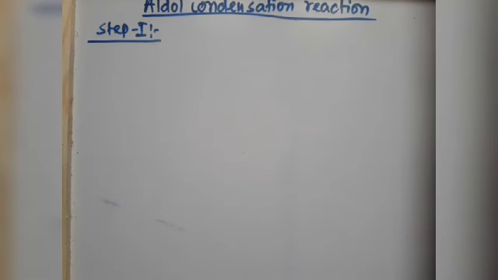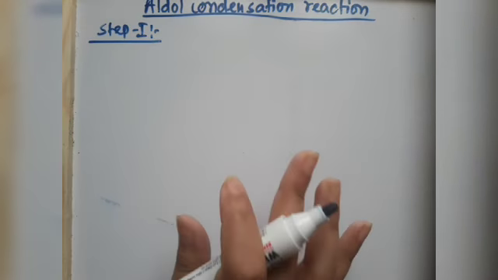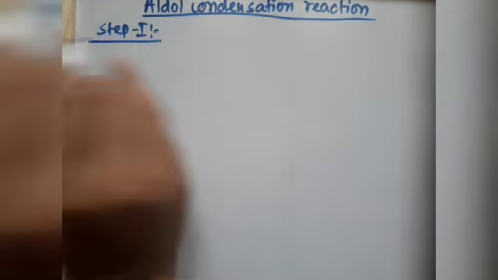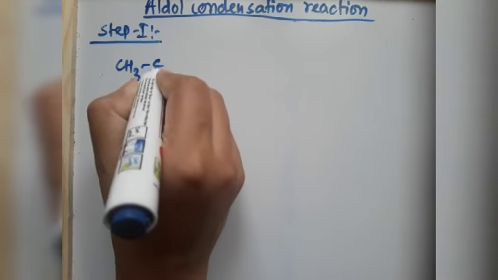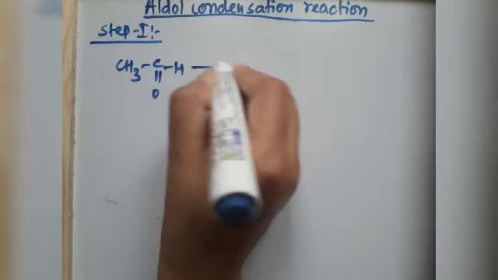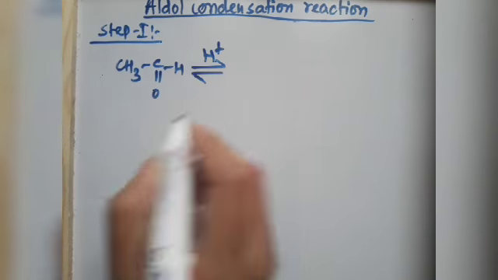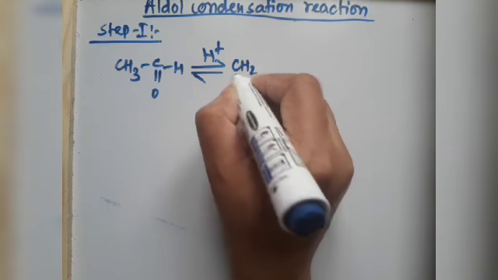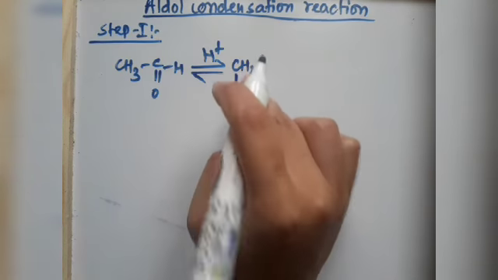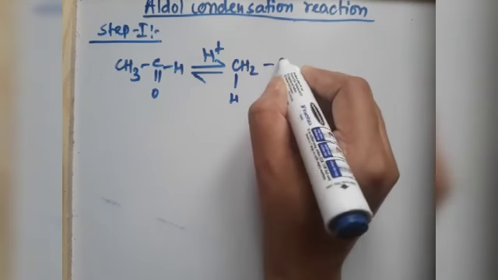So now we will discuss the acid catalyzed aldol condensation reaction. So in step 1, this is the same acetaldehyde. Acid is present in the medium, so this oxygen will be protonated. So I am writing this CH3 as this one. Why?